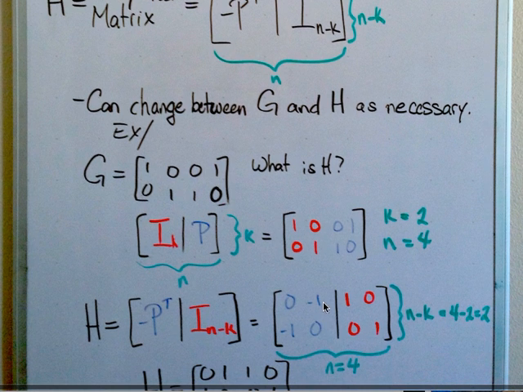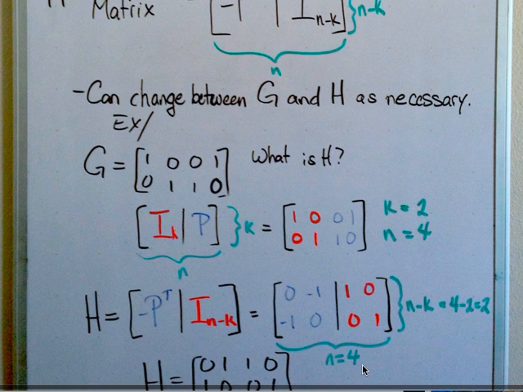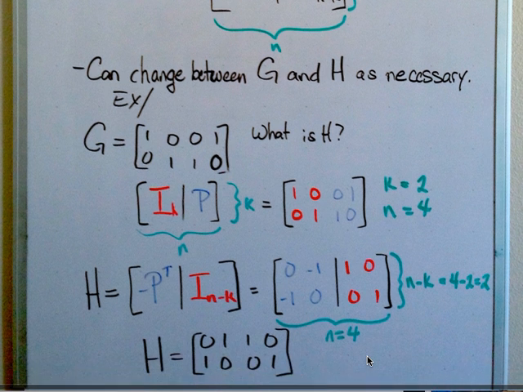Therefore, since we can see that the height is going to be 2 because the height of P transposed is 2, the identity will also be 2 by 2. Just so you can see that it works out, I have n minus k equals 4 minus 2, which equals 2, so you can also calculate it that way. And n is still 4. n was 4 for the G, n is 4 for H.